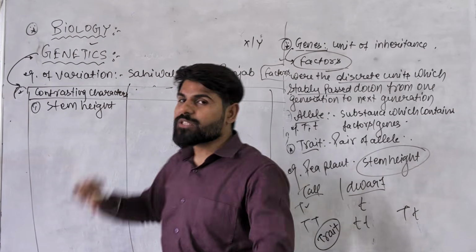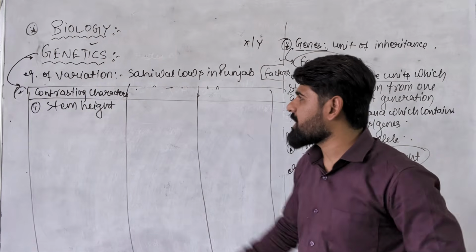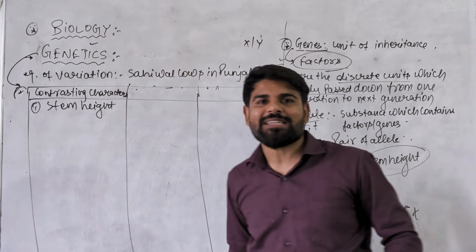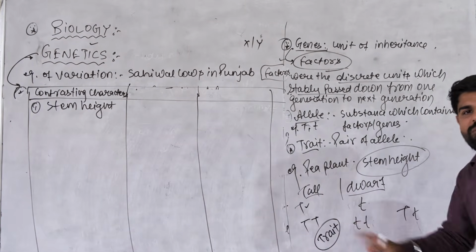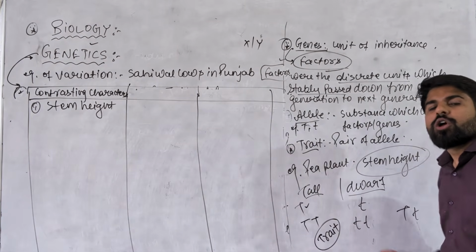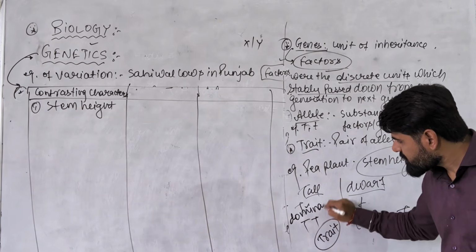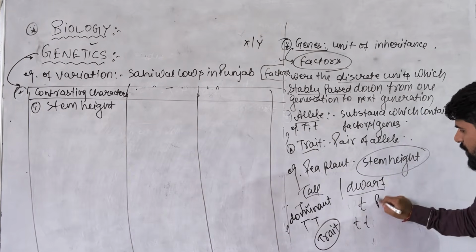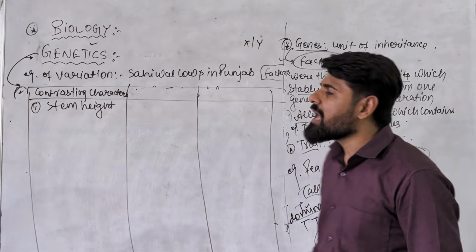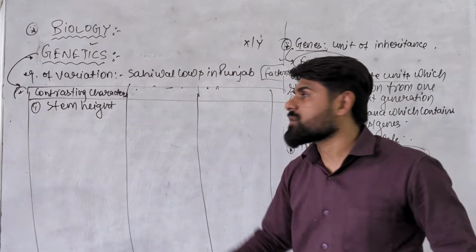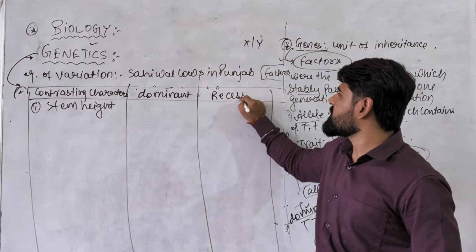एंड फिर करना यहाँ लिखा हमने कंट्रास्टिंग कैरेक्टर्स. एंड चलो बताता हूँ. Mendel chose how many contrasting characters? Mendel chose 7 contrasting characters. And these 7 contrasting characters, first contrasting character is stem height. अच्छा, stem height में हमने 2 conditions पढ़ी, एक tall और एक dwarf. अब आप बताओ डोमिनेंट कंडीशन कौन सी होगी और रिसेसिव? जो capital बड़ा होगा उसको हम क्या बोलेंगे? दैट इज डोमिनेंट कंडीशन. जबकि जो छोटा होगा उसे हम रिसेसिव कंडीशन बोलेंगे. सो देयर आर 2 कैरेक्टर्स. आई मीन टू से वन स्टेम हाइट के 2 कैरेक्टर हो जाते हैं, एक डोमिनेंट एंड द अदर वन इज रिसेसिव.